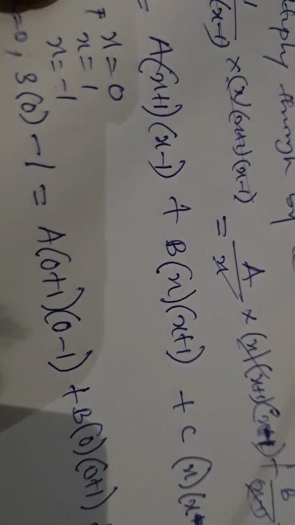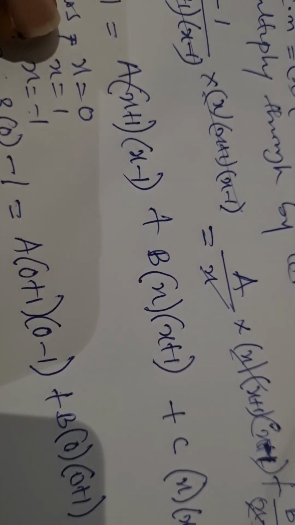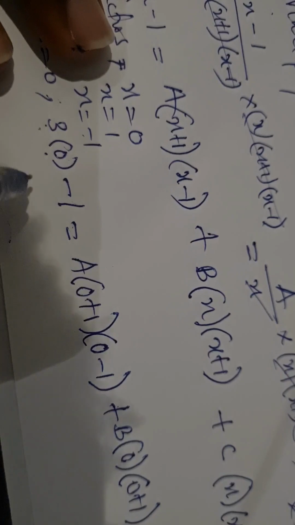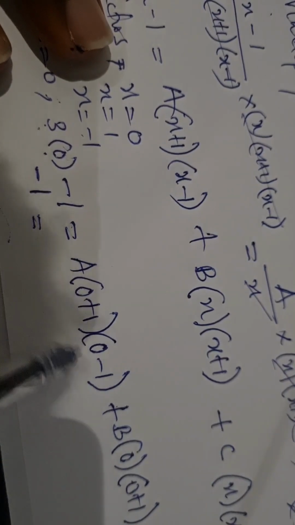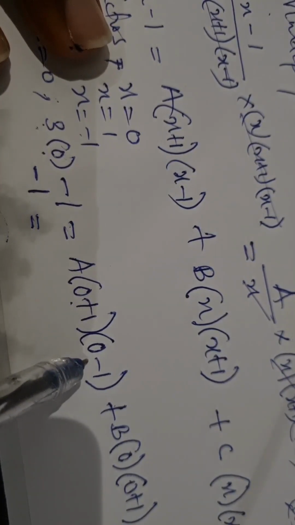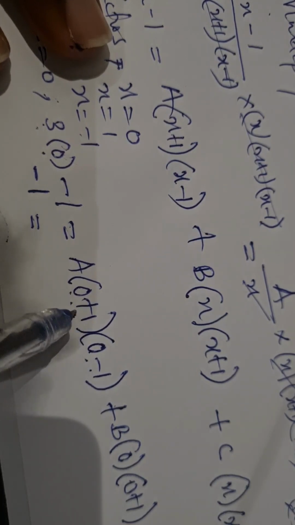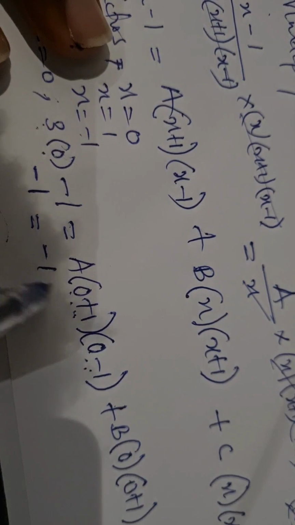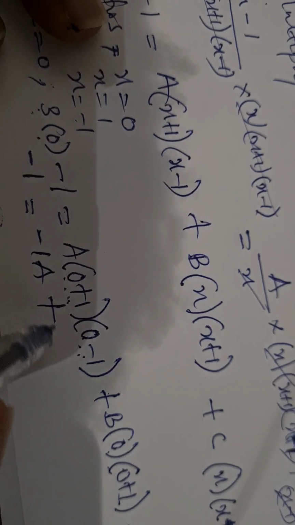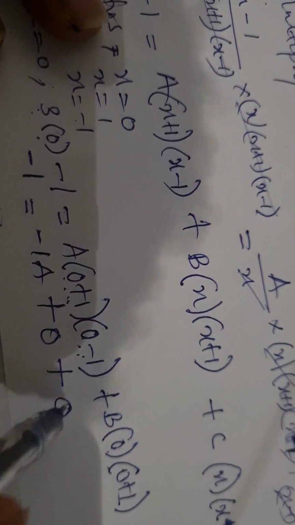So 3 times 0 is 0, so this is minus 1 equal to 1 times minus 1, because 0 plus 1 is 1, 0 minus 1 is minus 1, plus 1 times minus 1 is minus 1a, plus 0 times all of this is 0, so that one is gone. Plus 0 times all of this is gone, so it's still 0.